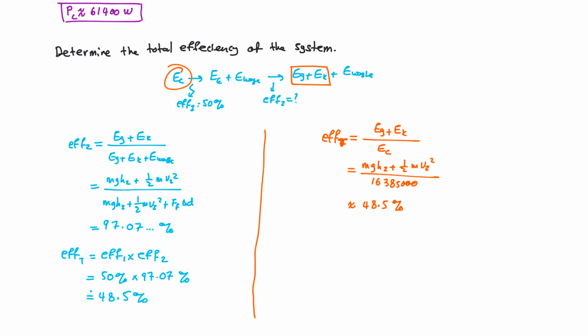But if you weren't given that and you were given that this is 50% and you were given enough information to just do EG plus EK divided by the total energy of the engine, which is these 3, then you could have just found this and multiplied the 2 efficiencies to get 48.5%. So again, it doesn't matter which method you use, you should get the exact same answer. Just choose the most efficient way of solving the problem.